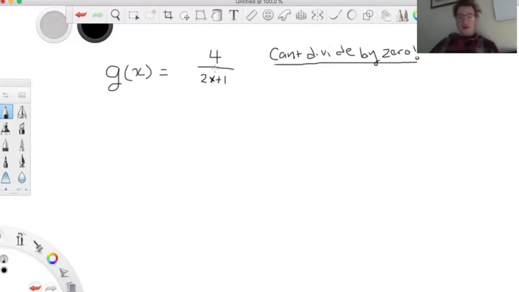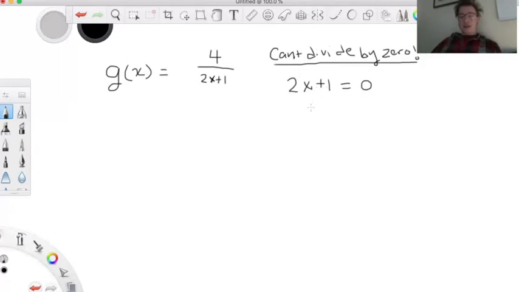Well, we want to find where this denominator would actually equal 0. So let's take the denominator, 2x plus 1, and set it equal to 0. And let's try to find what input x we can use where this statement will be true.